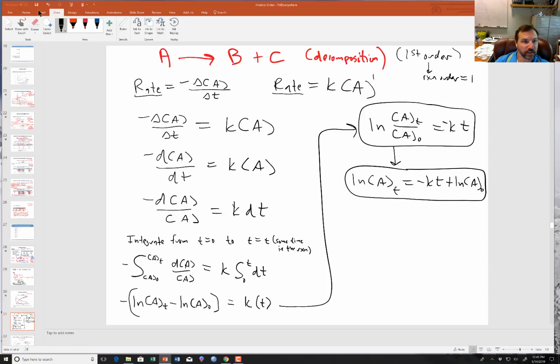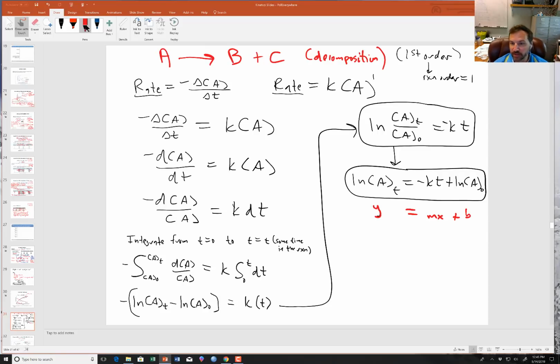And hopefully you now recognize that this has the form y equals mx plus b.